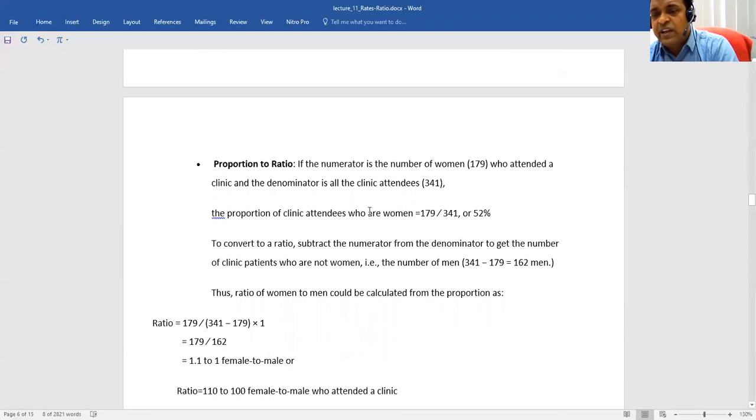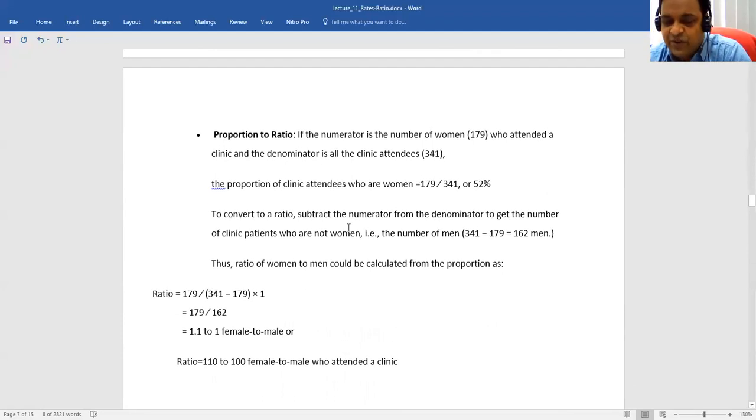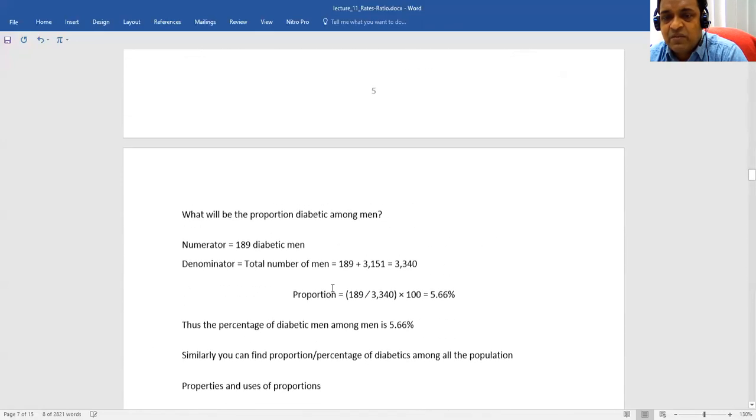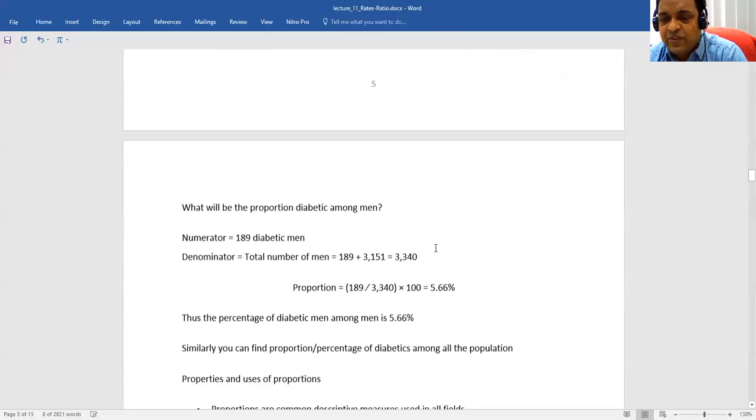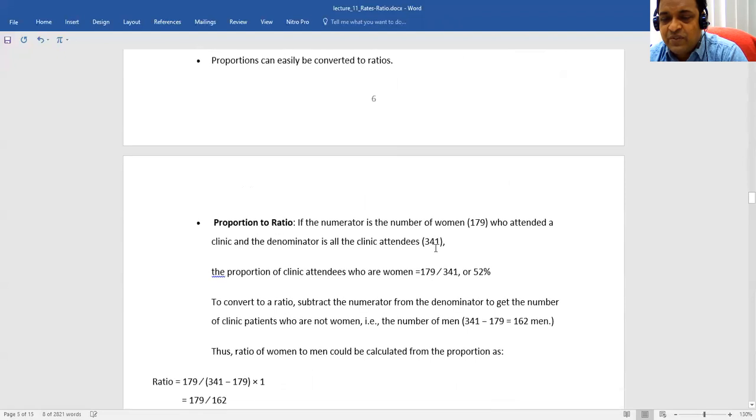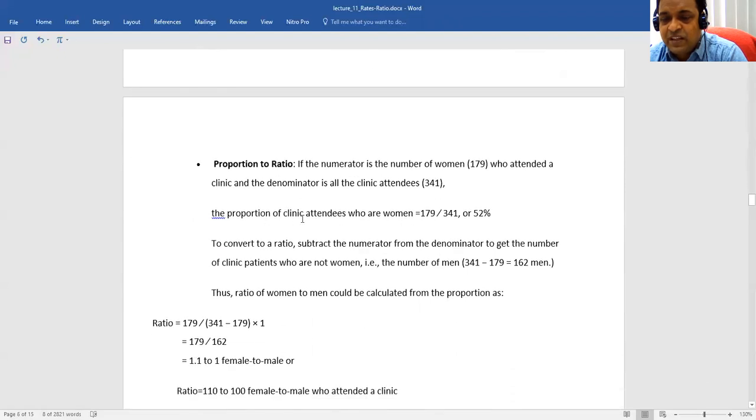From the proportion, you can easily get the ratio. I think this is the example. From here we got the proportion of the clinic attendants who are women. There is a numerator, 179.